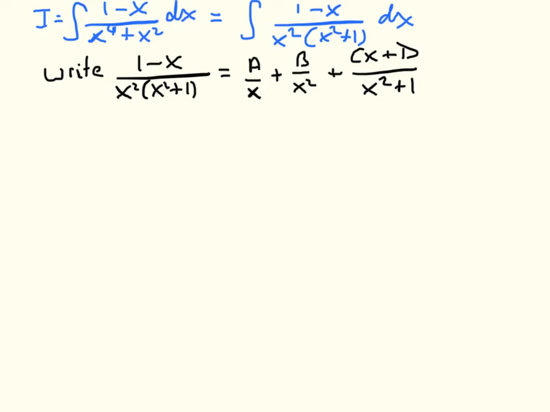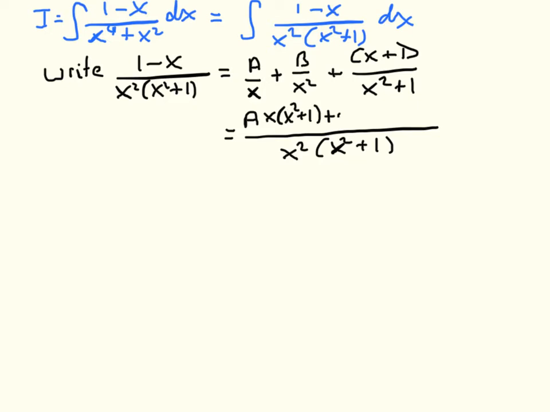So let's put these over our common denominator. The common denominator is x squared plus 1, and a is going to be multiplied by x times x squared plus 1, b is multiplied by x squared plus 1, cx plus d are going to be multiplied by x squared, so that gives cx cubed plus dx squared.